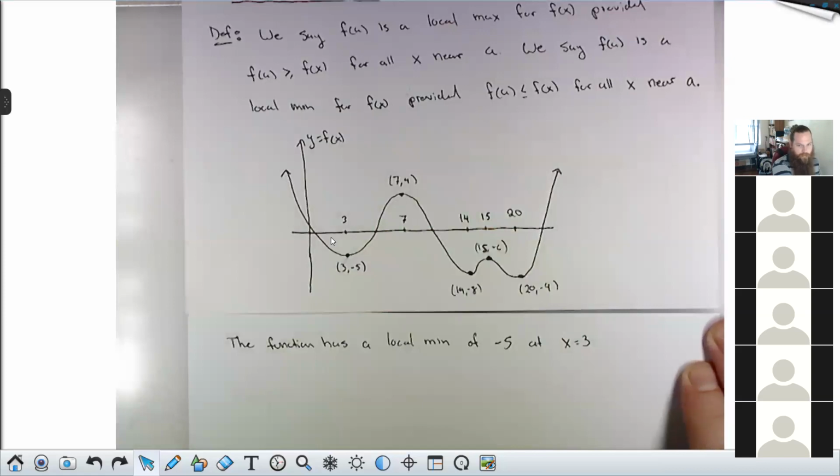That's one way to say it. So what is the min? The min is -5. Where is the min? The min is at x equals 3. Do you see what I mean by that language thing a second ago? This is the location of the min. This is the min value itself.